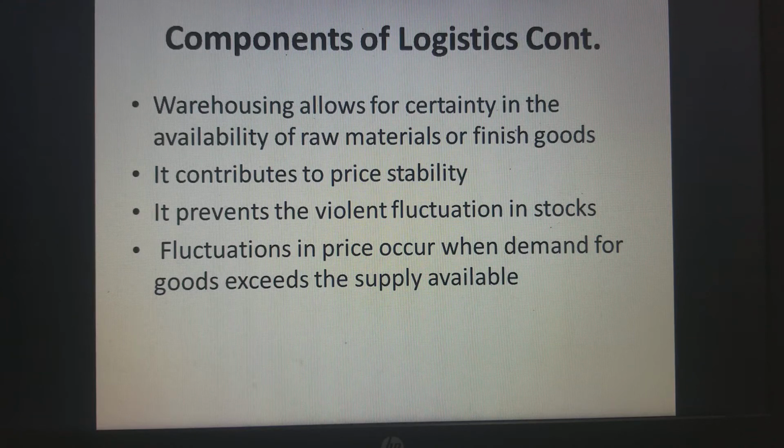Well, because you have bought the goods at a certain price at one point in time in the market, you would have enough stored up so that even if the price of the goods goes up, you can cushion yourself against the inflationary movement in the price of goods.